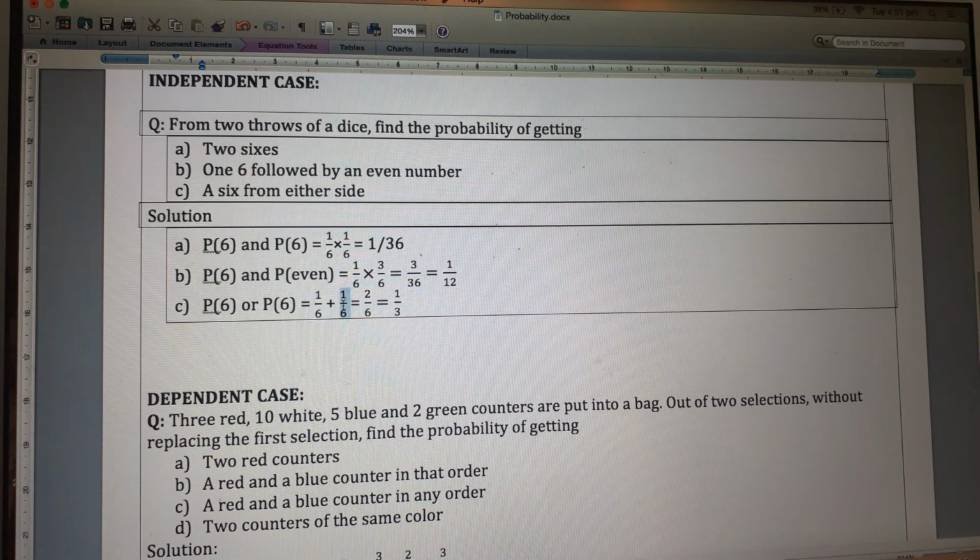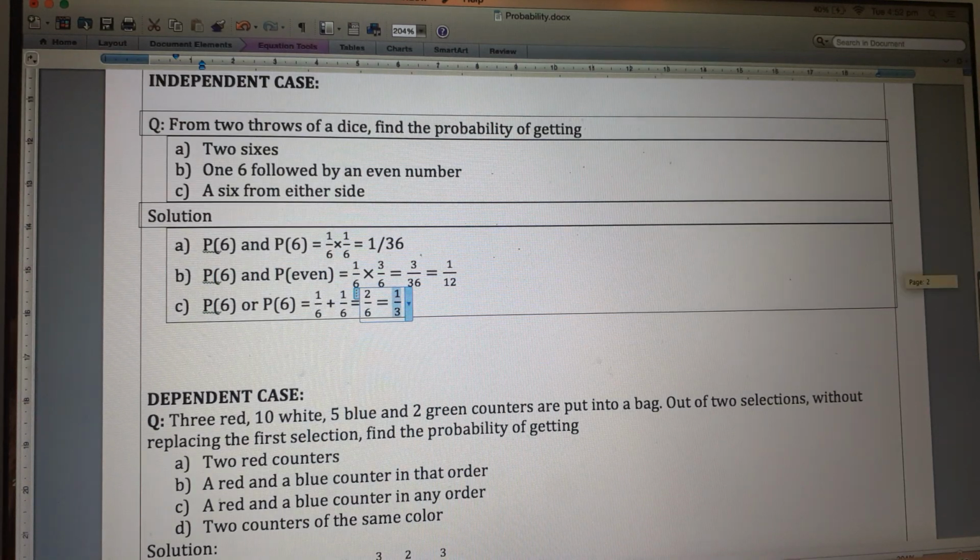And for second dice, 6 can come one time out of total outcomes, which are 6. And because we have been considering OR here, so I will be adding the probabilities, and 1 by 6 plus 1 by 6 is 2 by 6, and your result will be 1 by 3.